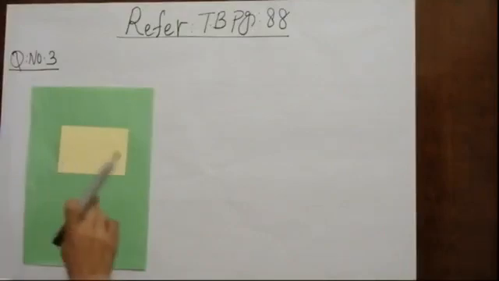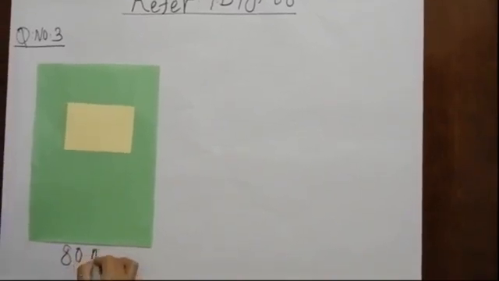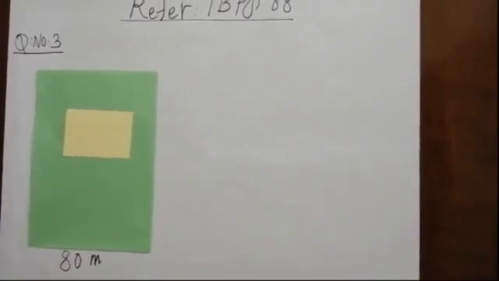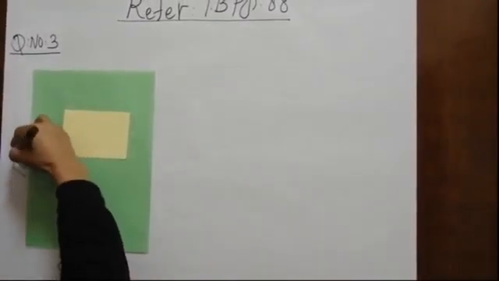The diagram below shows a large field with dimensions given there, 100 meter by 80 meter. That means the measurements I will write here: 80 meter and 100 meter. 100 meter is here.